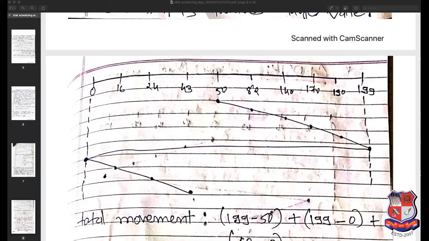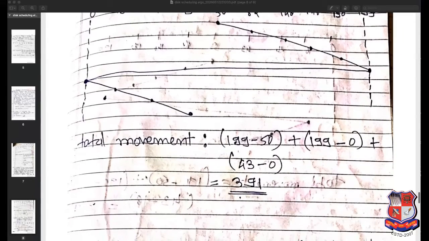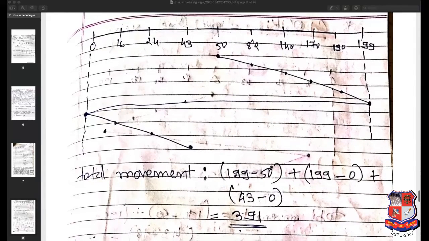At last we find the total movement, and based on movement we find the total seek time.